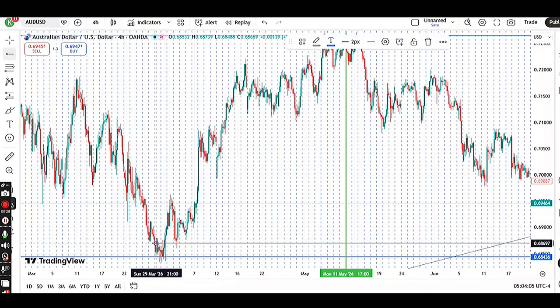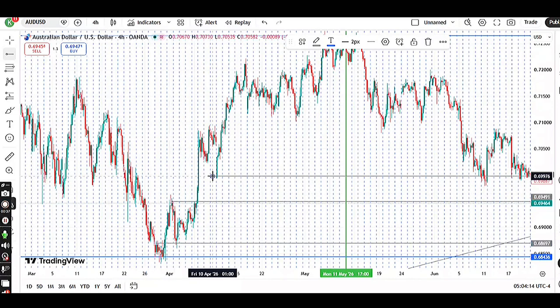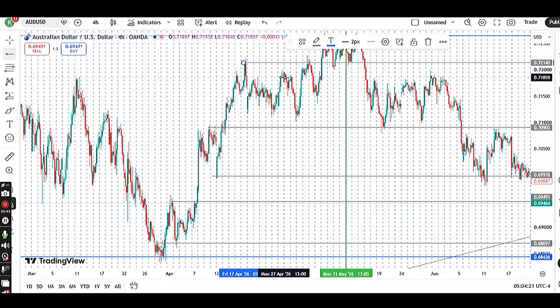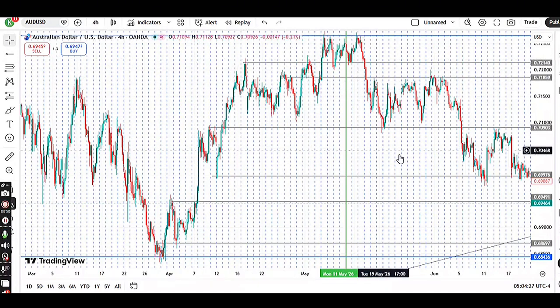This is a resistance level which later turned to a support level here. This is another one. This is another one. This is another one. This is another one. And probably you can also use this.